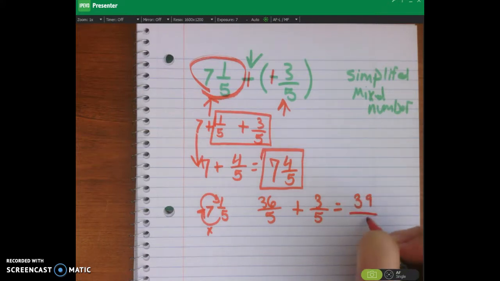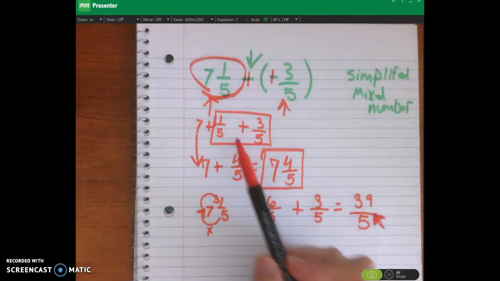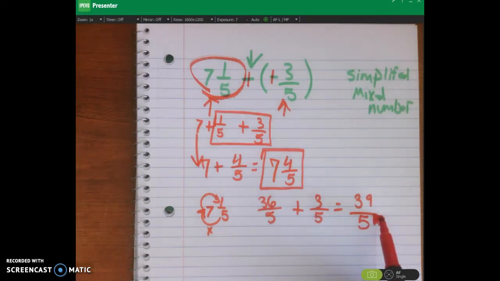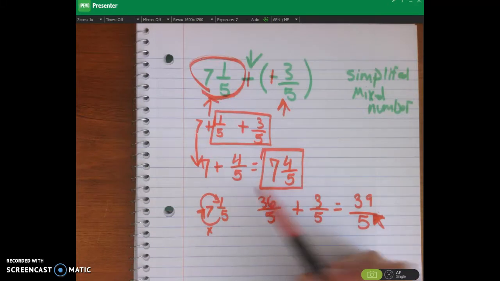So we get 39 over 5. Now we need to take this number here and make it a mixed number. What I did up here alleviated this step, okay? We got our answer already in that simplified mixed number, okay? But if you have trouble this way, do it this way.